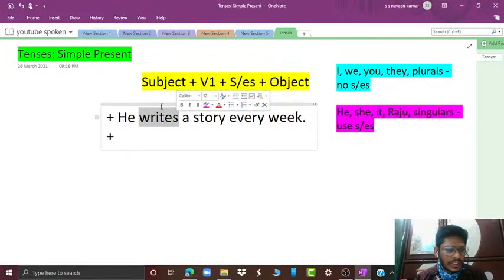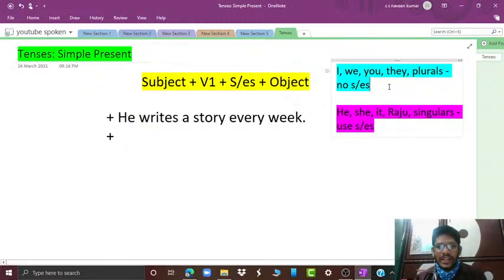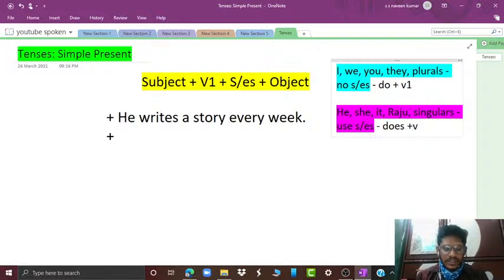Then how do we split it? See, whenever S or ES is not there, we split like do plus V1. And whenever S or ES is there, we split the main verb into does plus V1.